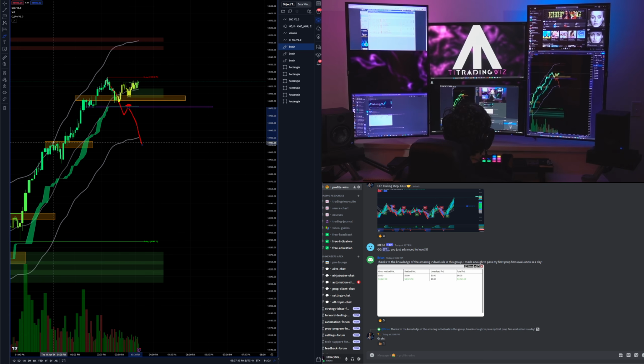Same concept, just to the reverse side, hopefully playing down to this lower part here. But we didn't even get to that point.